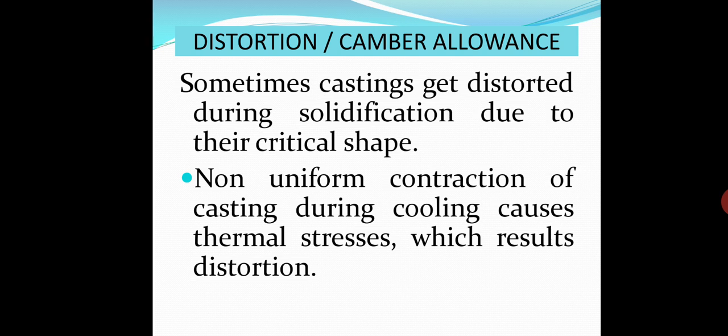Next is distortion or camber allowance. Sometimes castings get distorted during solidification due to their critical shape.